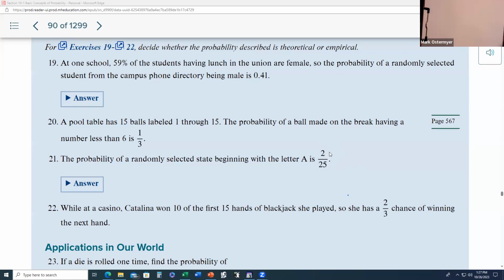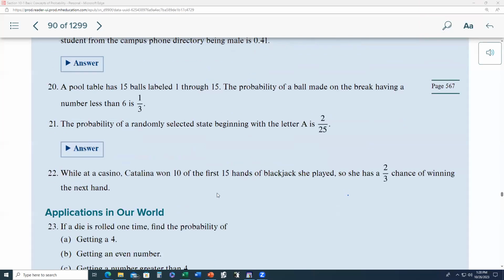Out of 25, that's a relative frequency. So this 2 over 25 really is a relative frequency here. And by the way, what states would those be that begin with the letter A? Maybe Alabama, and what's the other one? Alaska. Okay. All right.